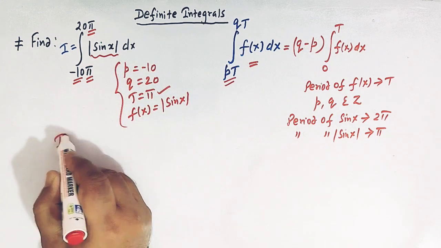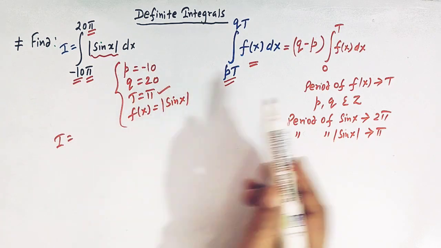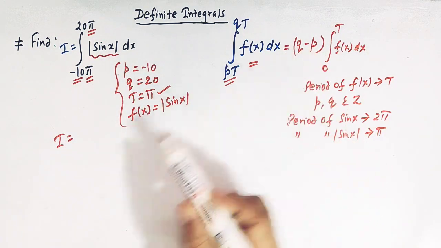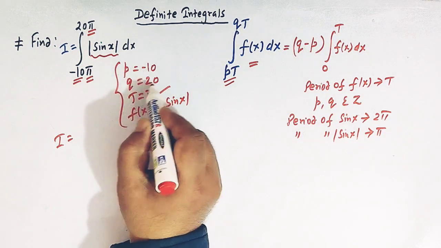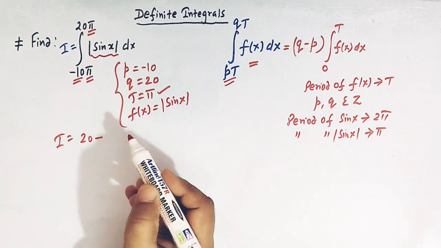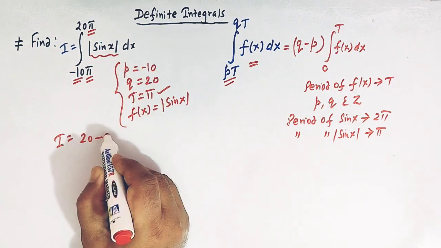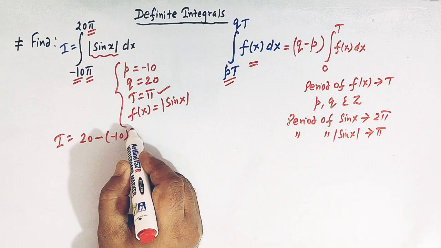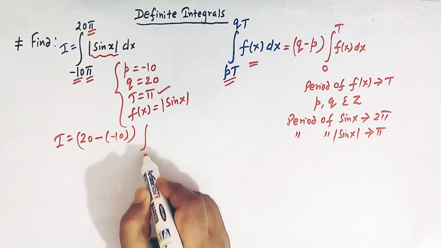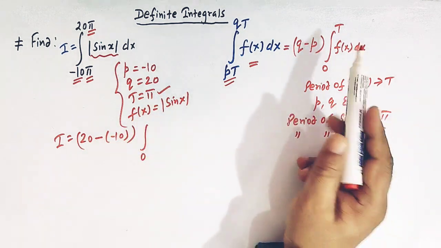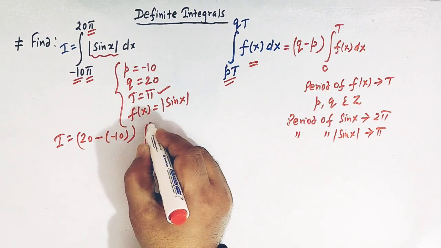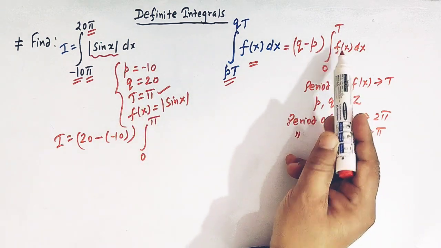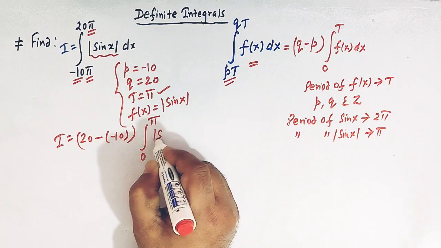So now we have obtained all the values of the variables. Now this integral I can be written like this: q minus p, so q is 20, minus p, which is minus 10, and the integral from 0 to T, where T is pi, of f of x, which is mod of sine x.